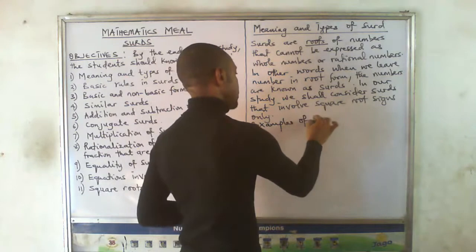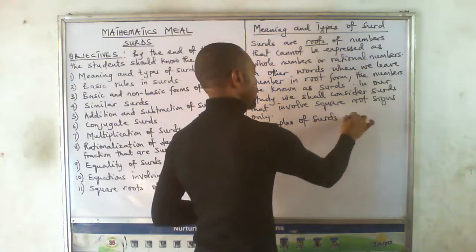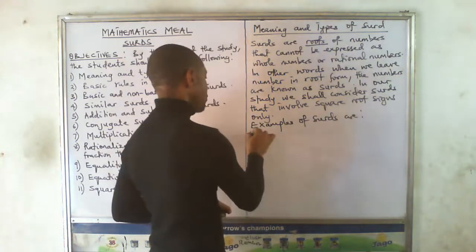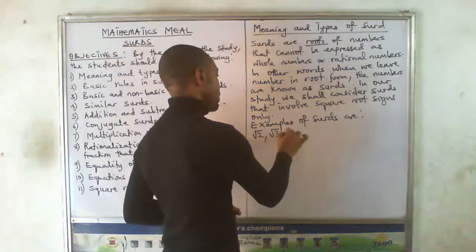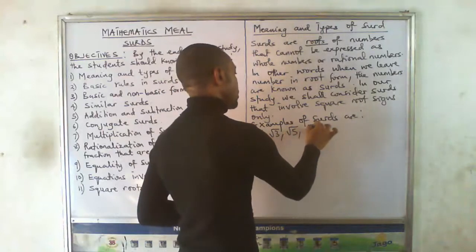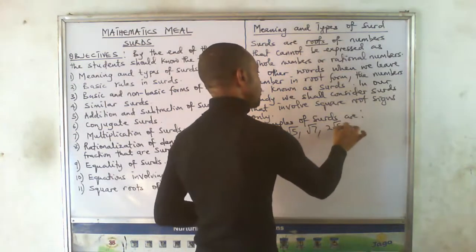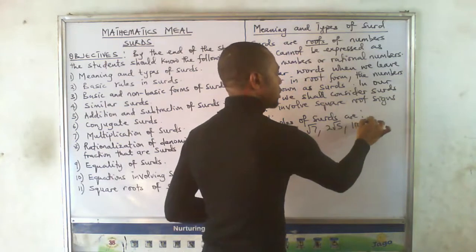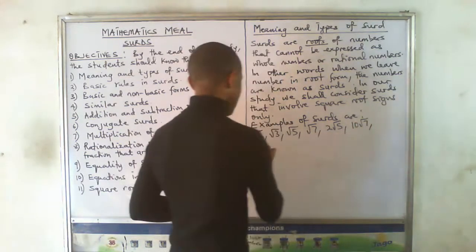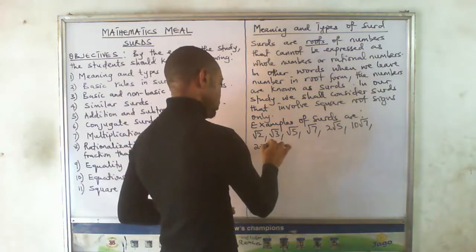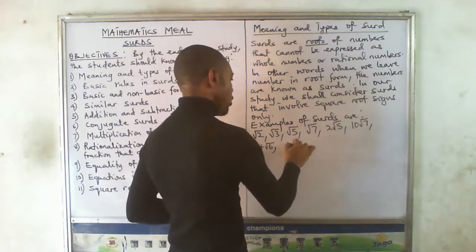All right, examples of surds. We can have root 2, root 3, root 5, root 7, 2 root 5, 10 root 7. We can also have 2 plus root 6, 4 minus root 3.